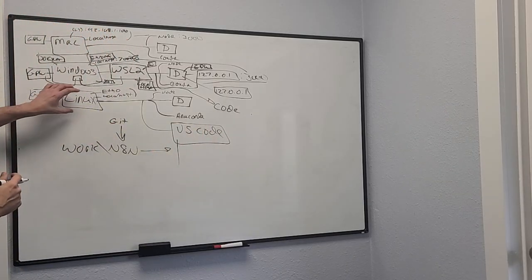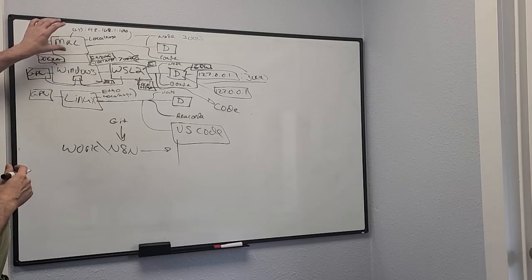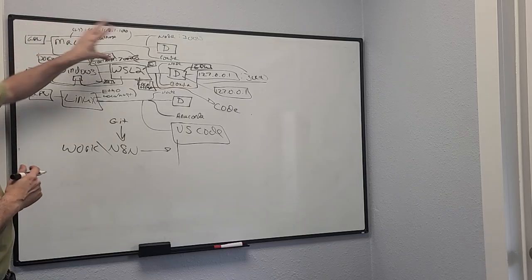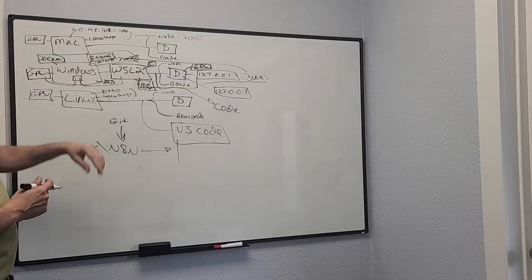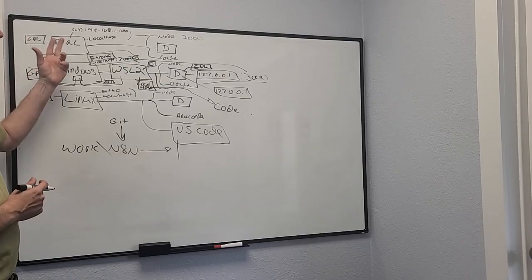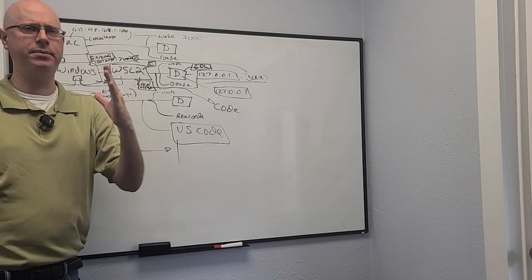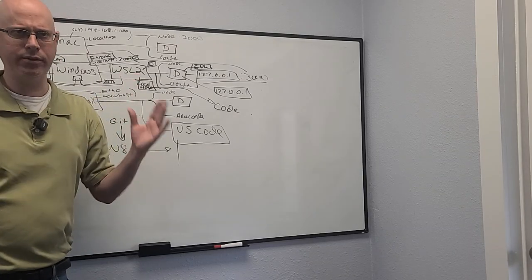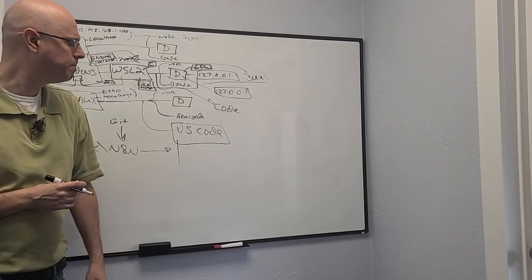This could be in your Linux, this could be in your Windows, this could be on your Mac. It doesn't matter at this point. You've got these prerequisites met. You have Docker installed, you have Docker Desktop. You went to the website for Docker, you downloaded Docker Desktop, and you installed it.